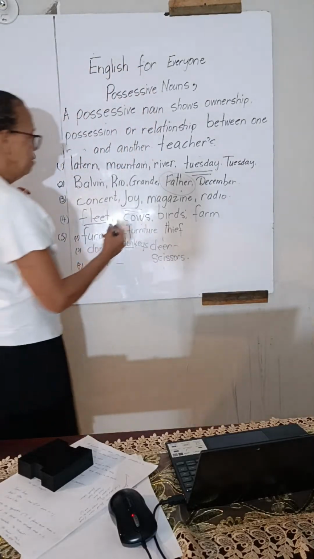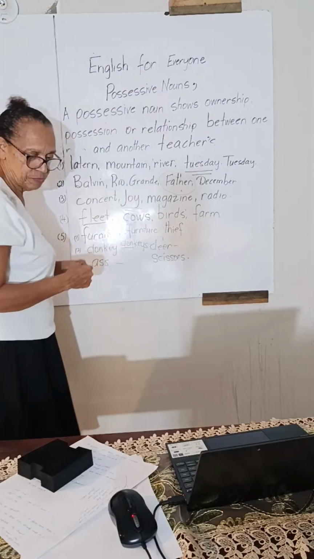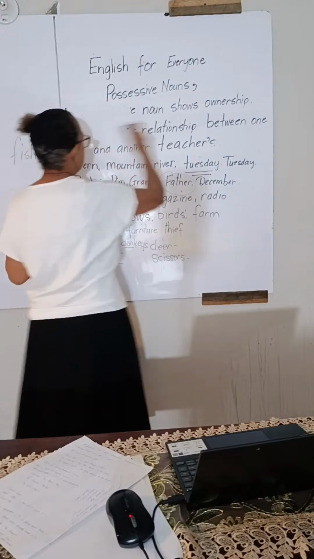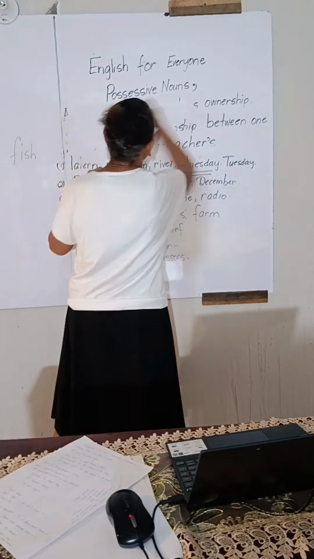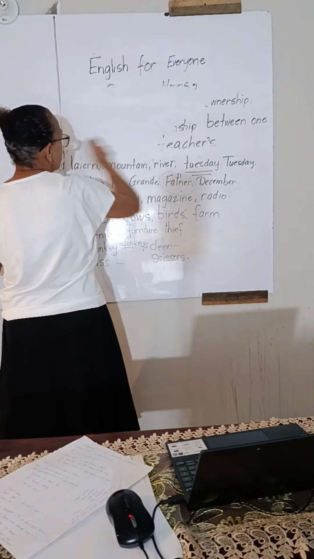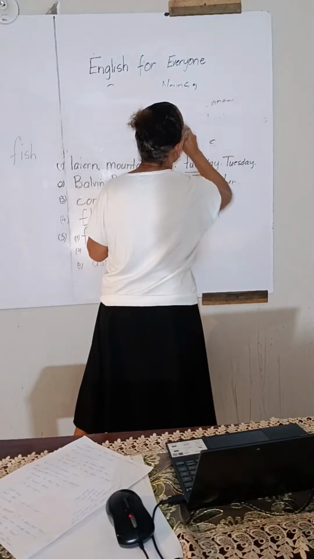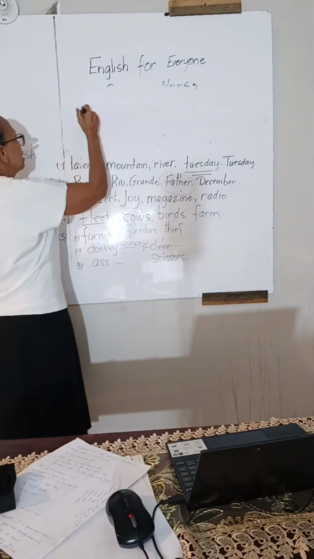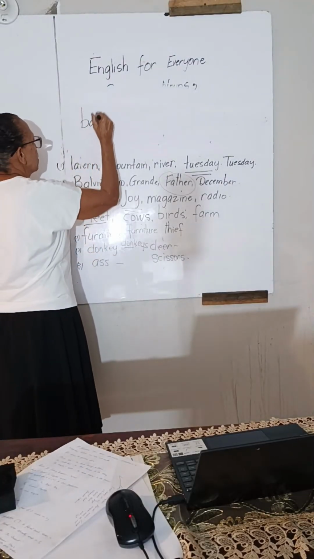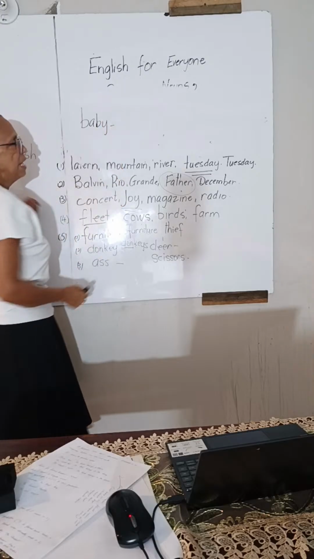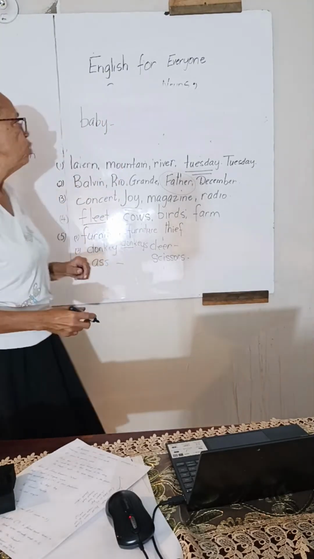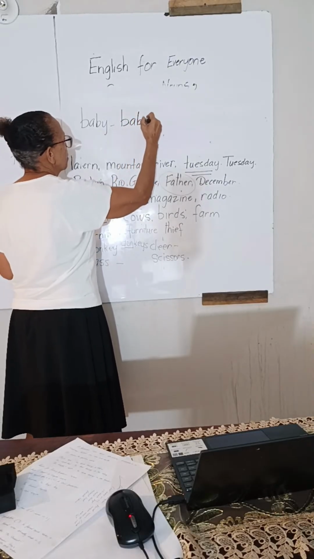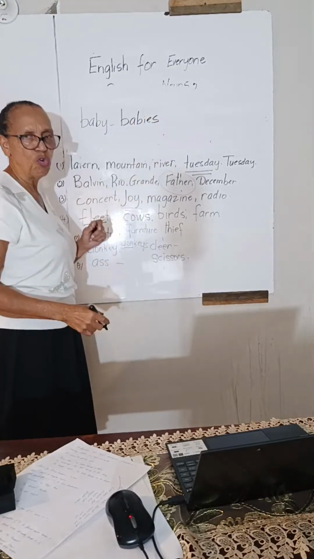For baby, when a word ends with Y, the rule says you change the Y to I and add ES. That's the rule.